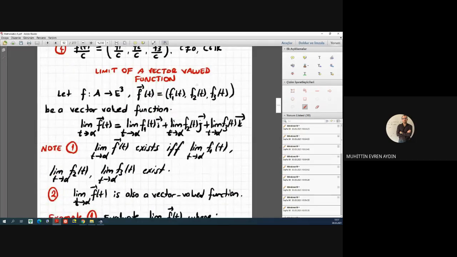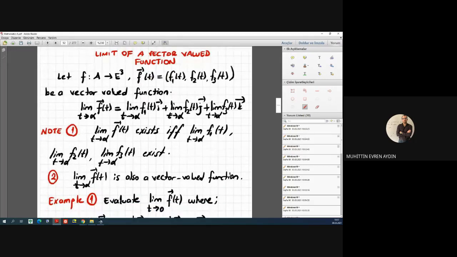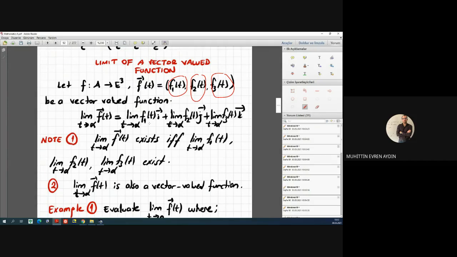Limit of a vector valued function. The limit of a vector valued function is defined by the limits of the component real valued functions. Yes, those component functions are real valued, so we know very well how to take a limit for a real valued function.